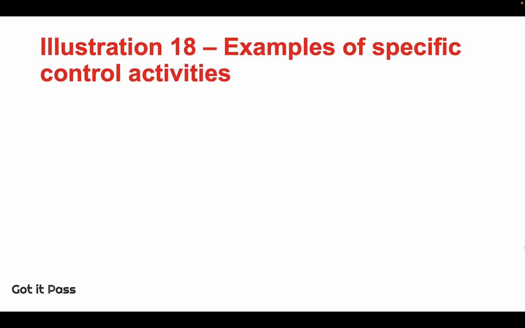Here, I would like to share with you some examples of specific control activities. First example is approval and control of documents and transactions of importance. In other words, we have to set different types of approval or set an authorization matrix for different amounts to be approved.